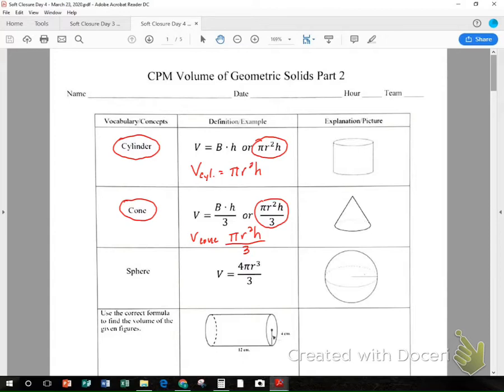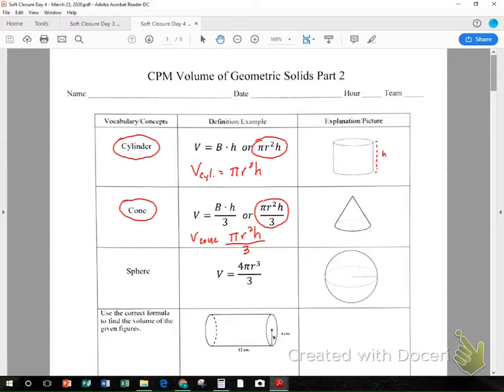Now, a couple of things. The height on a cylinder is from here to there. So that's the height. Sometimes these are laying on their side. Think of this as like a can of beans, or a pop can, whatever it is. Sometimes they're laying on their side.